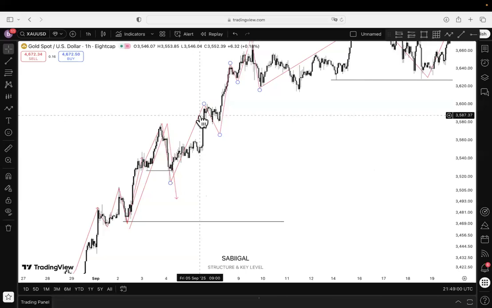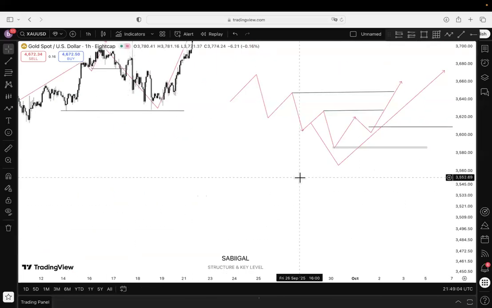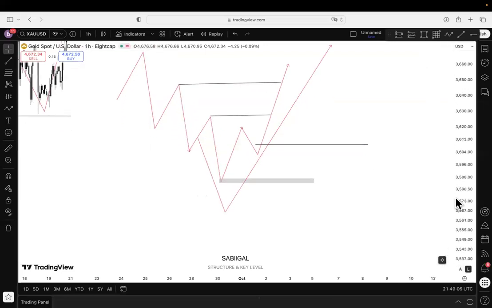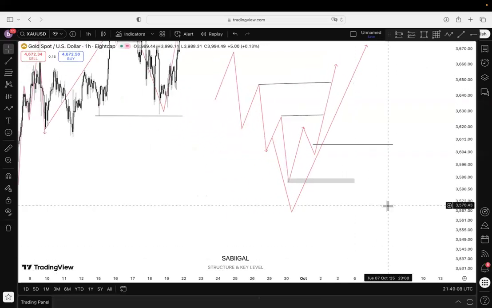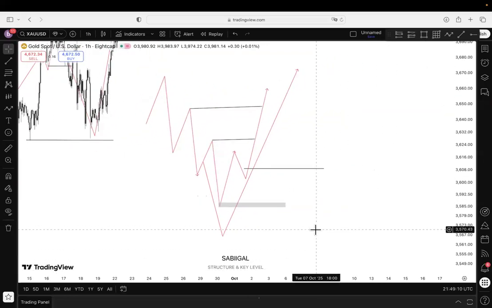What if it's a change of character situation? In what context? Will it still act as liquidity, be engineering liquidity per se? For this marking now, we're talking about change of character from sell to buy, instead of just a normal break of structure. Because this previous high, this first black marking above, will stand as the change of character.